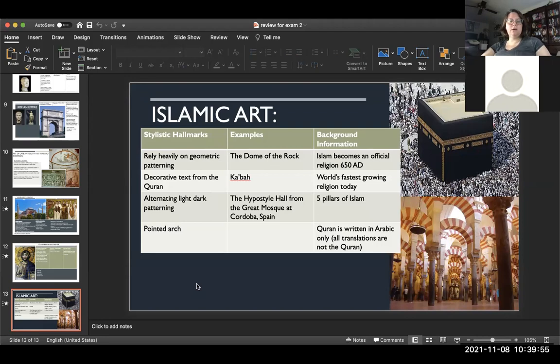The final era that we covered that the test will cover was Islamic art. Stylistic hallmarks of Islamic art, they rely heavily on geometric patterning.